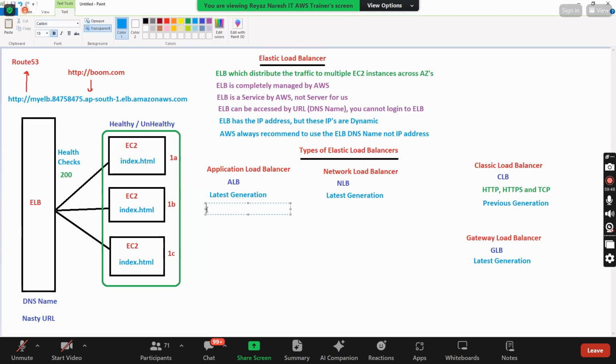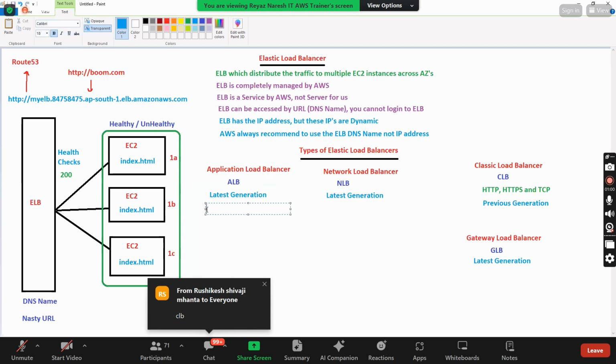Okay, now, if you want to create a load balancer, which is the most commonly chosen default out of these? Guess. Application load balancer.